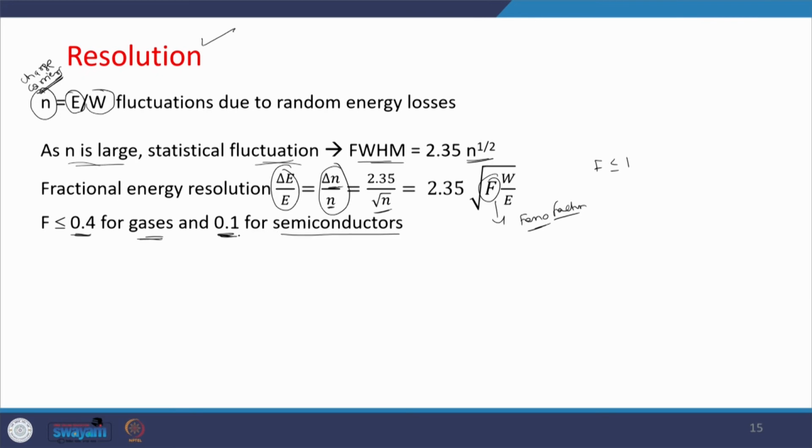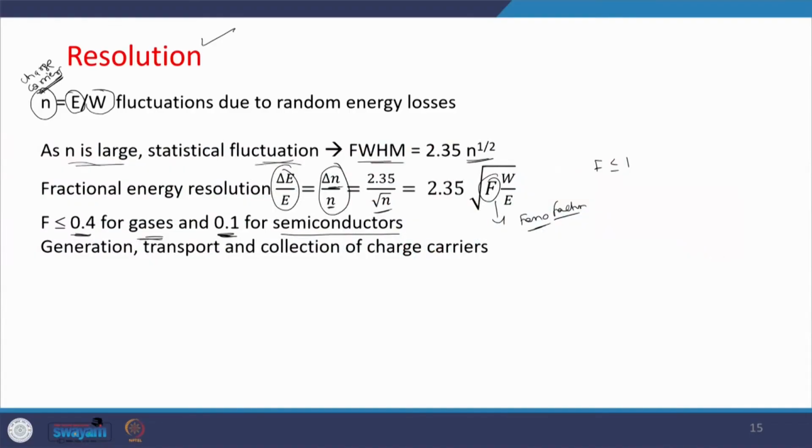Here you see the Fano factor is 0.1 for semiconductors and 0.4 for the gas. So, this lower value for the semiconductor is also an advantage for the semiconductor. How? I will discuss in the next slide. And the generation of charge carriers, transport of charge carriers, and efficient collection of charge carriers play an important role in designing the detector.